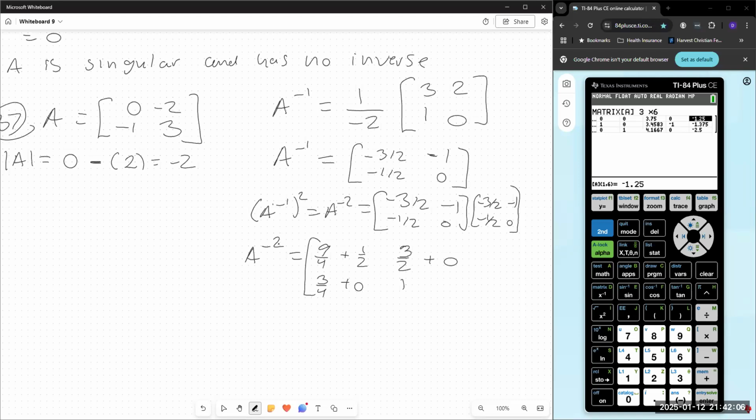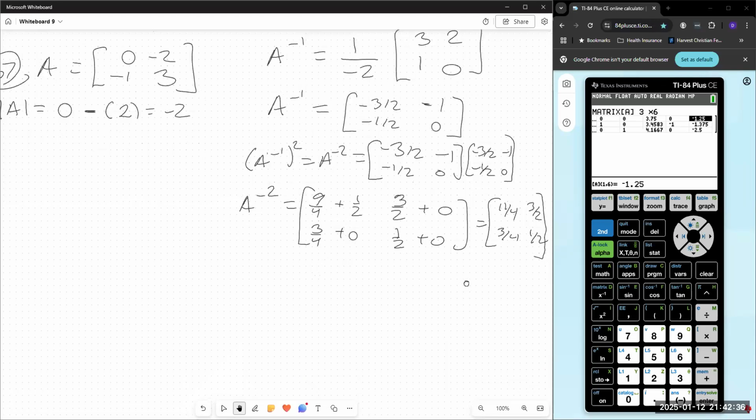And this is 1/2 plus 0. So 9 plus 2 is 11/4. This is 3/2. This is 3/4. And this is 1/2. So 11/4, 3/2, 3/4, 1/2. So that is the first way in which I can find this A to the -2nd.